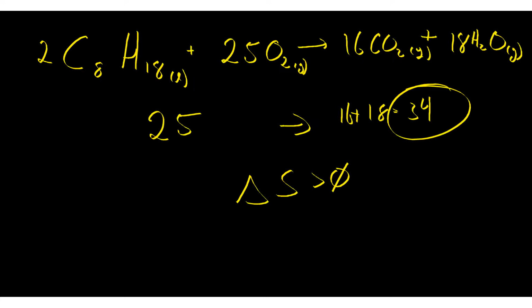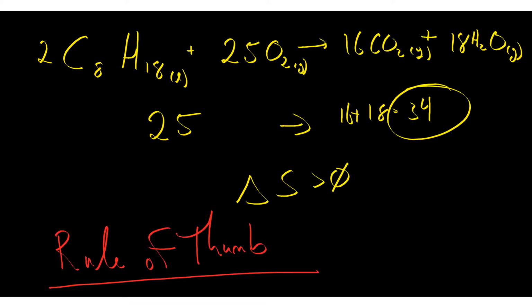Now I want to stress, this is just a rule of thumb. This is a rough and ready guide. This is not going to tell you precisely how much the entropy change is going to be, and there are weird cases. It's possible to have a liquid that is lower in entropy than a solid. But it is going to generally be the case that increasing freedom means increasing entropy.